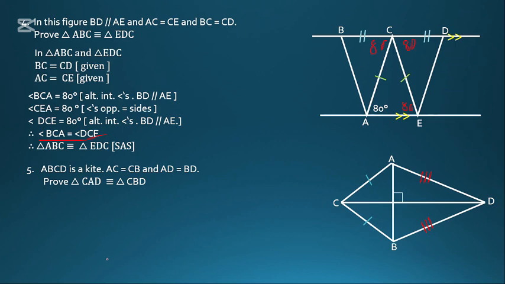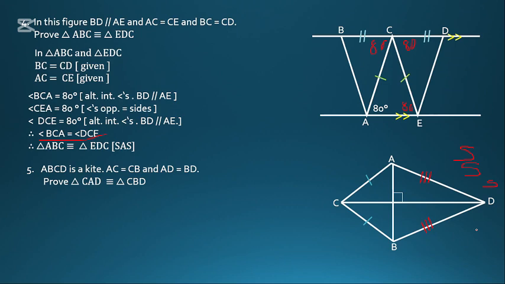Where do we start? We start with the two sides. This side is equal to that side, so we have a side. That side is equal to that side, so we have another side. And of course, the one in the middle is common. It belongs to that triangle, and it belongs to that one. So we have side, side, side.